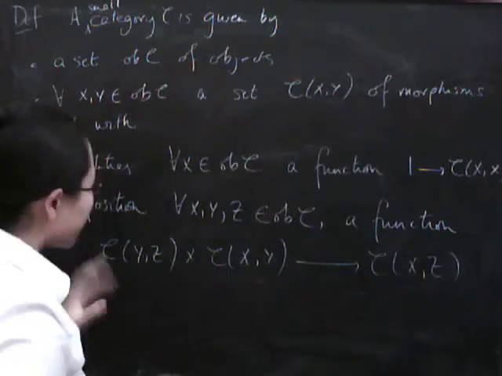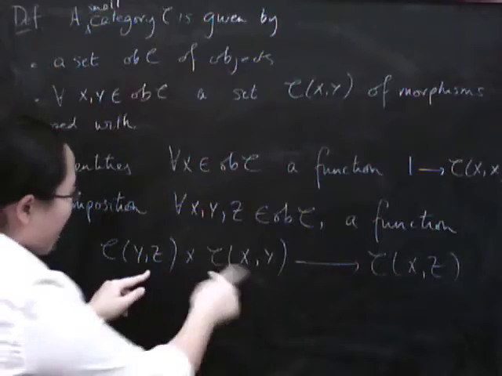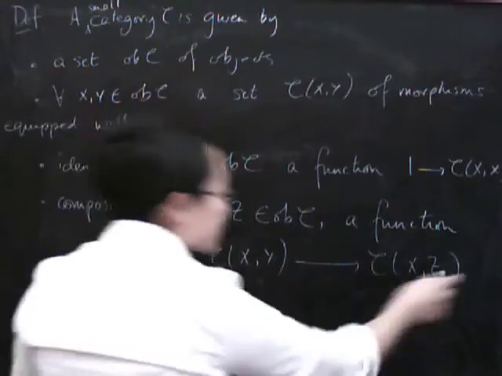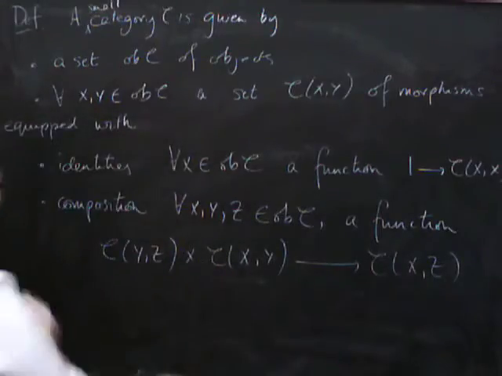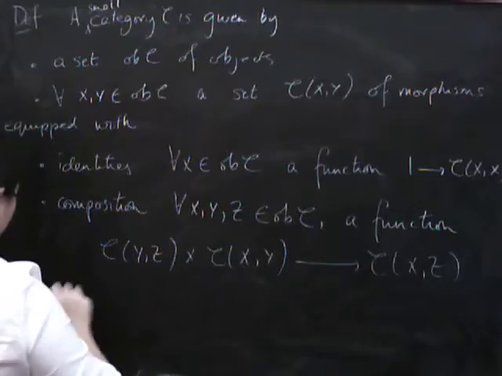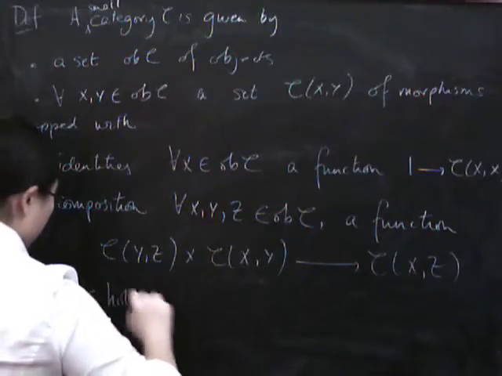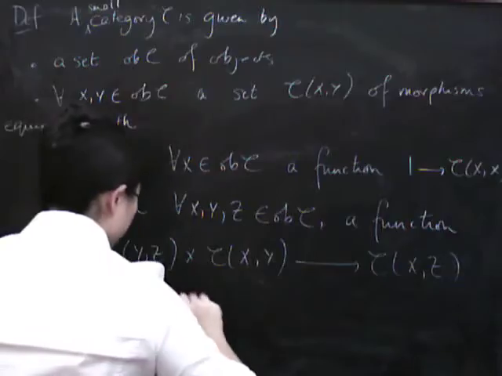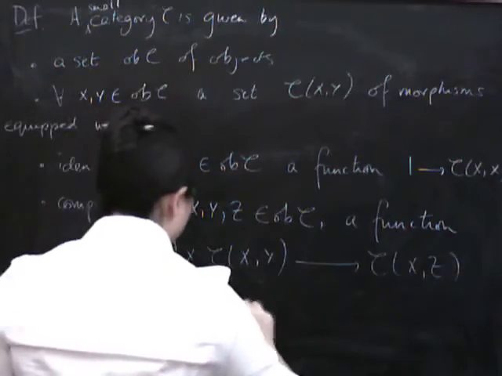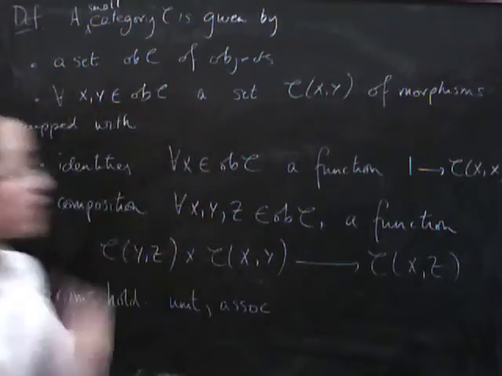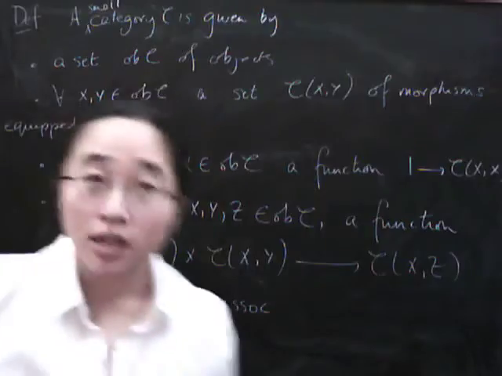So it takes a composable pair and sends them to their composite. We have axioms, and those are the unit and associativity laws. So that's the definition of a category that we all know and love.